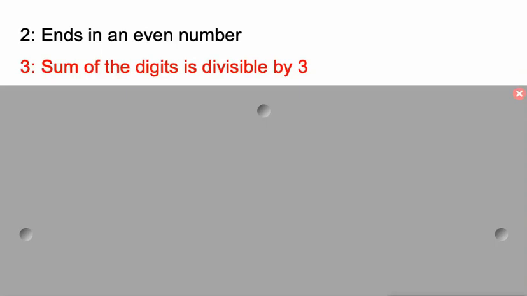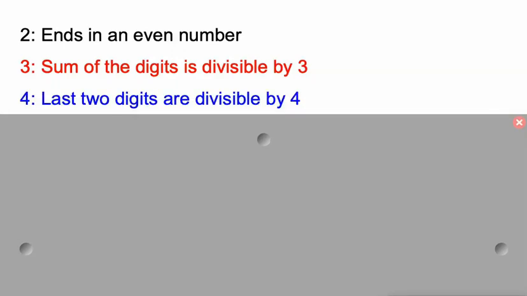We know a number will be divisible by 2 if it ends in an even number: 2, 4, 6, 8, or 0. A number will be divisible by 3 if the sum of its digits is divisible by 3. It'll be divisible by 4 if its last two digits are divisible by 4, like 04, 08, 12, 16, 20, all the multiples of 4.